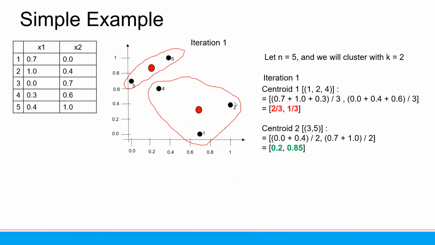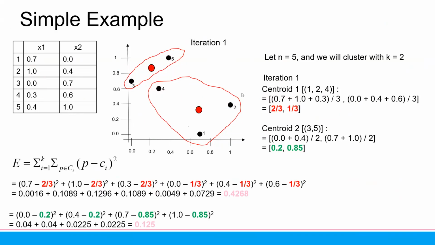The next question is how we can measure the quality of this clustering. We use the error formula. This formula means for every data point, subtract the centroid, square it, and after that do the summation.